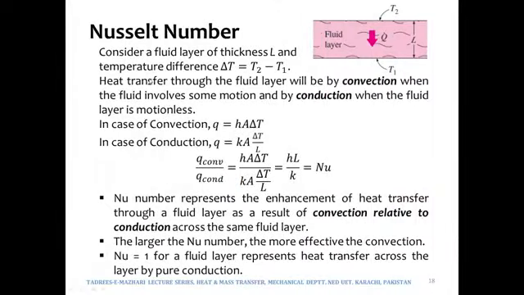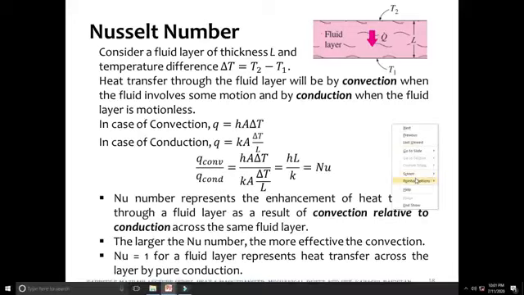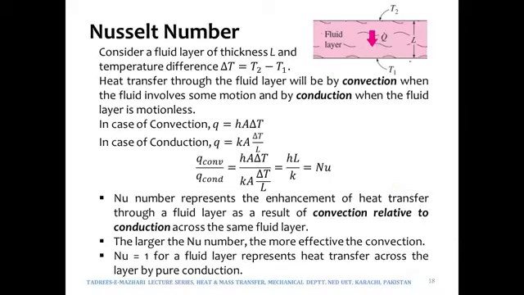The next number that we would be discussing is Nusselt number. Nusselt number is a ratio of the heat transfer via convection to the heat transfer via conduction. And let's say we have those two plates, and those two plates are being maintained at temperatures T1 and T2.